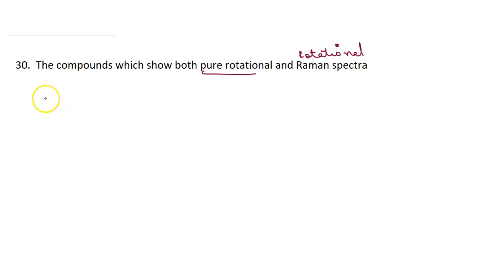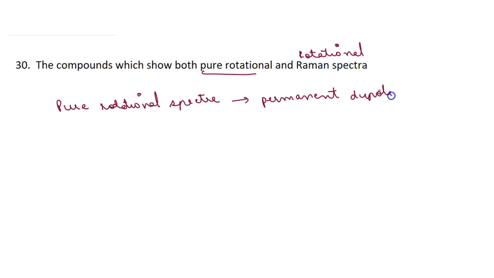As we know, to show pure rotational spectra, the molecule should possess a permanent dipole moment, meaning mu naught should not be equal to 0. Only those molecules which have a permanent dipole moment can show pure rotational spectra.